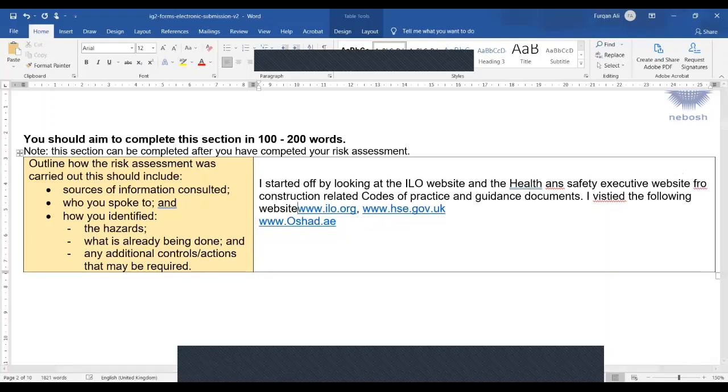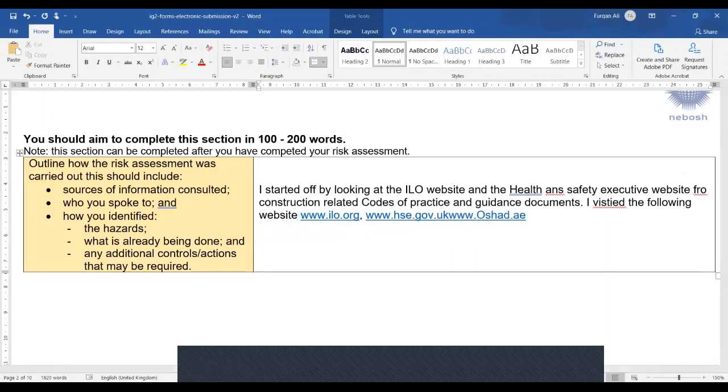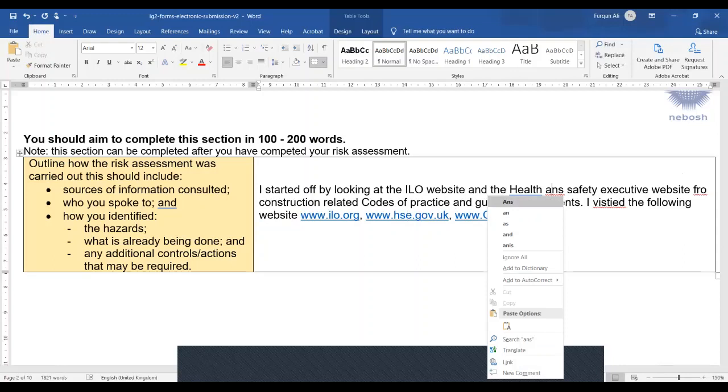Okay, you can include it like this as well. Okay, so now what other sources of information should I use?